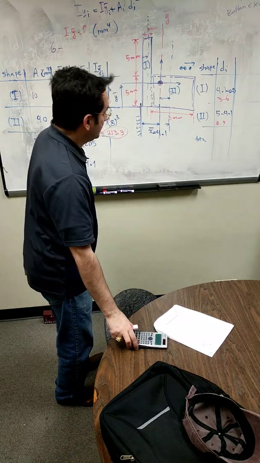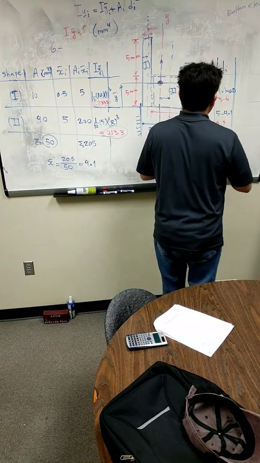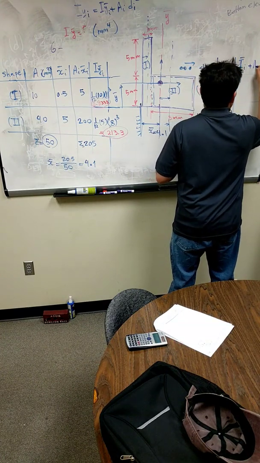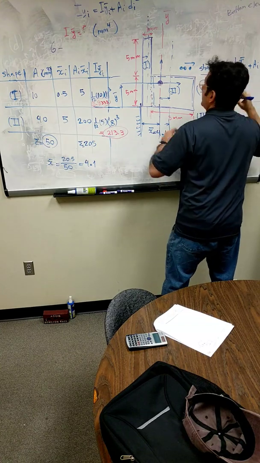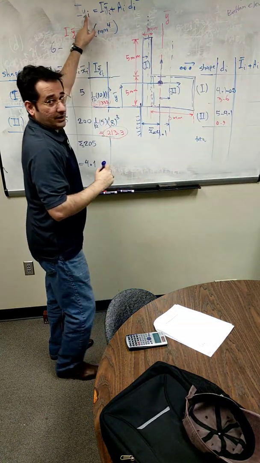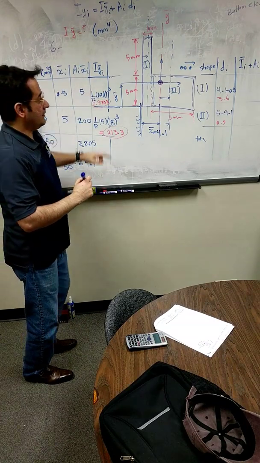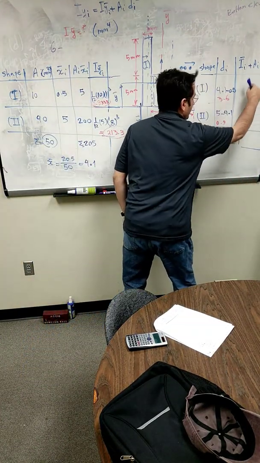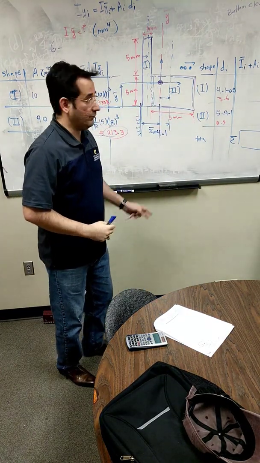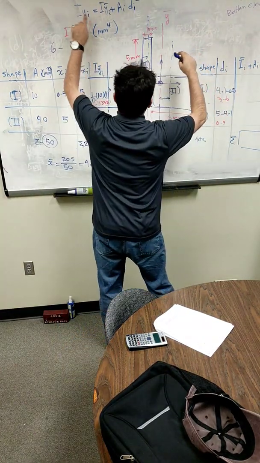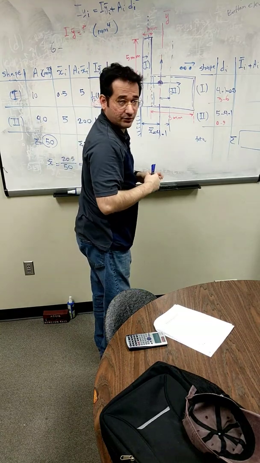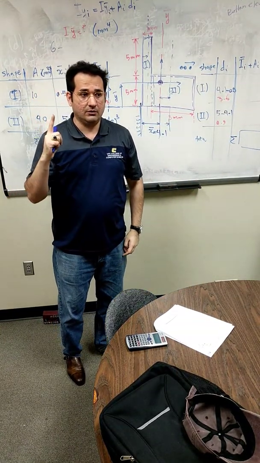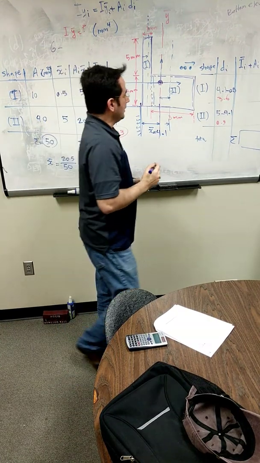Now the last column is I bar plus A_i d_i squared, just the parallel axis theorem. The final answer to the question is simply the sum of this column, because they are transferred to the total centroid, so we can simply sum them because they are taken with respect to one reference point. So let's do that.